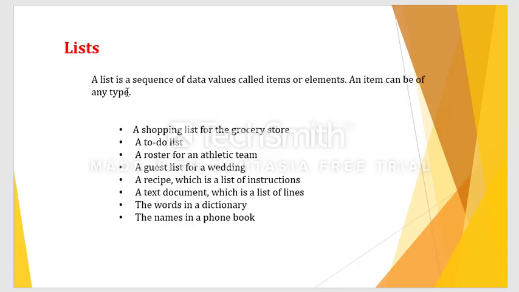And for all the data items in a list, it's not mandatory that all these data values are of a similar type. Sometimes we use names, sometimes integer values, float values.